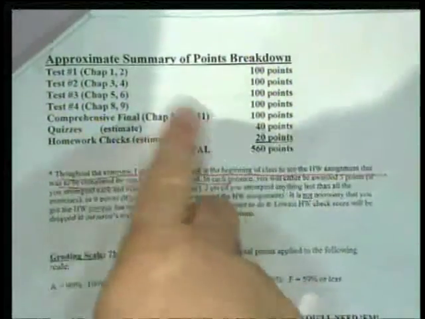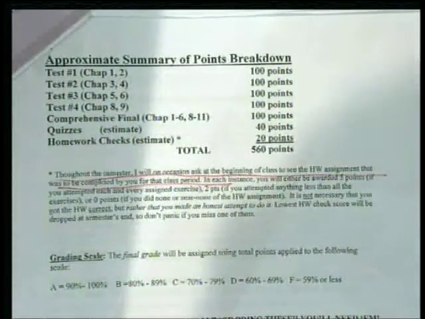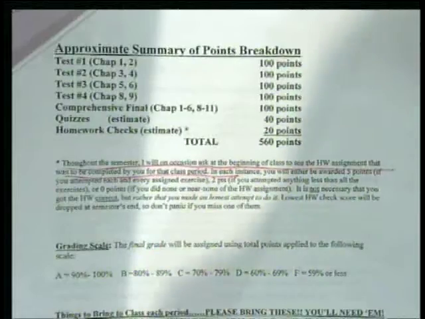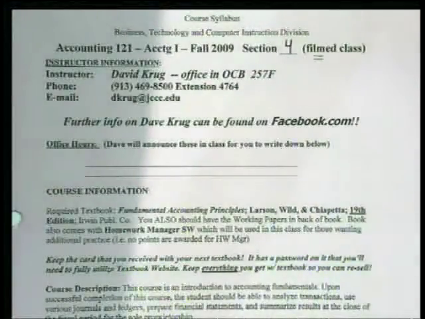A few things. Let me hop over to the approximate summary of the point breakdown. You can kind of see that right there just to let you know where we're at. I used to try to give you real specific dates on what day we would do what, and we'll be on this chapter on this certain date. But I found that rarely did we completely follow that.